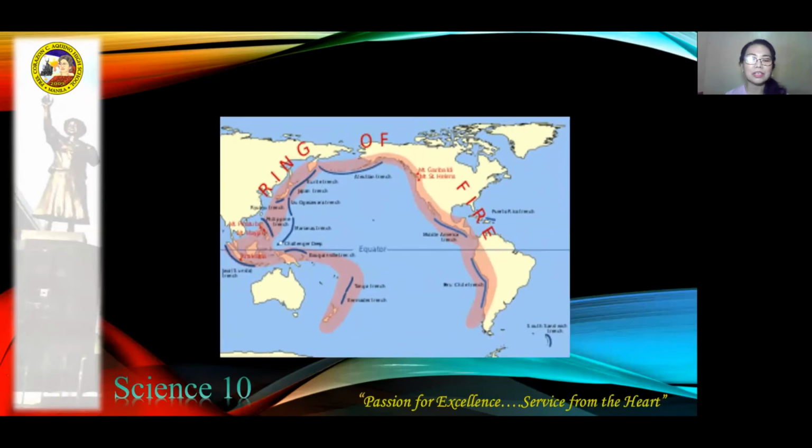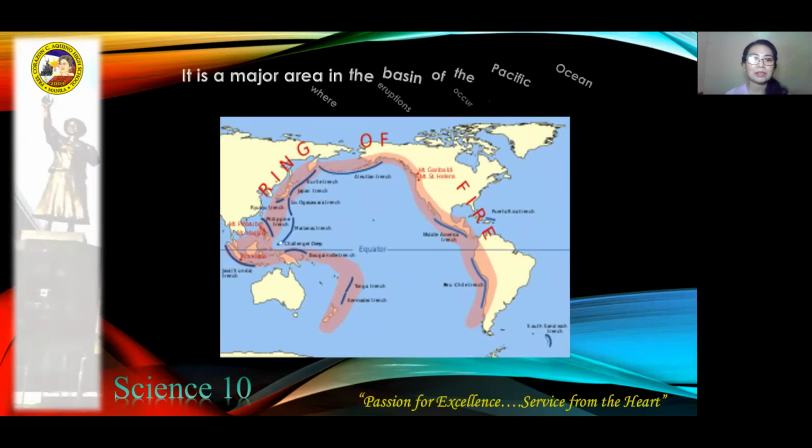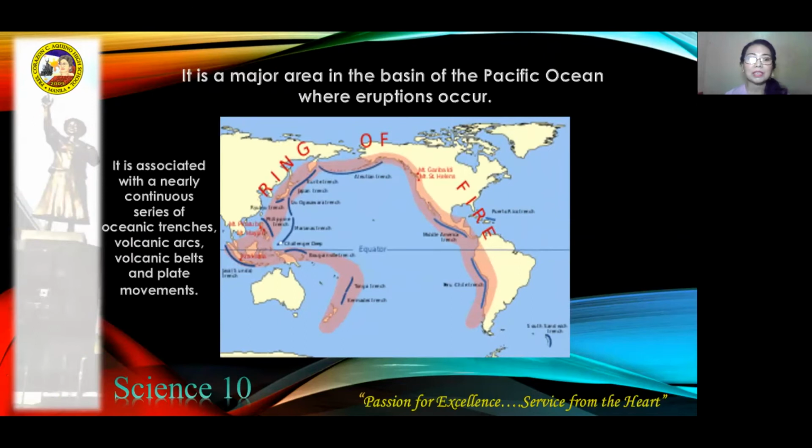And I have here the reason why there are so many active volcanoes and volcanic eruptions in the Philippines: because of the Ring of Fire. It is a major area in the basin of the Pacific Ocean where eruptions occur. It is associated with a nearly continuous series of oceanic trenches, volcanic arcs, volcanic belts, and plate movements.